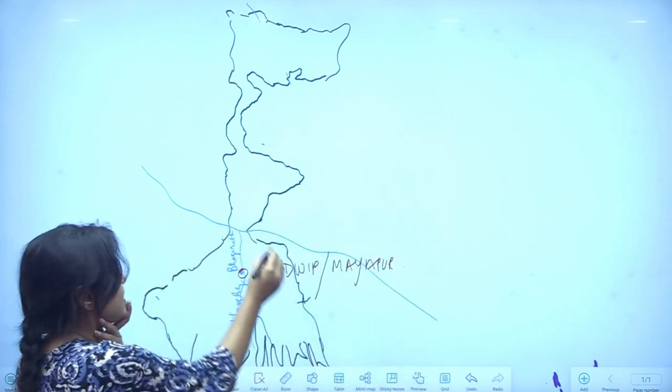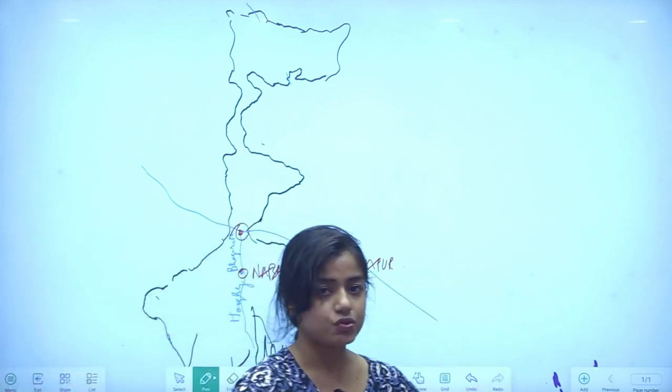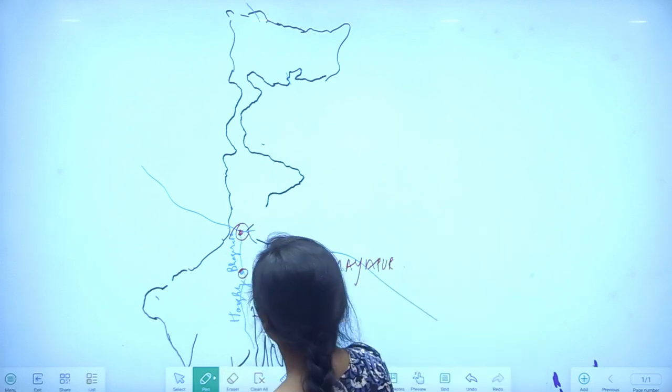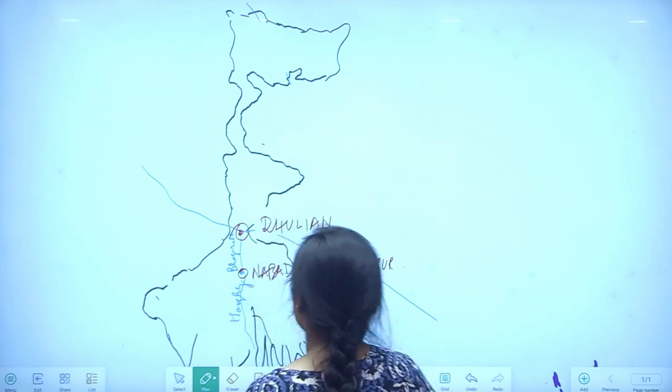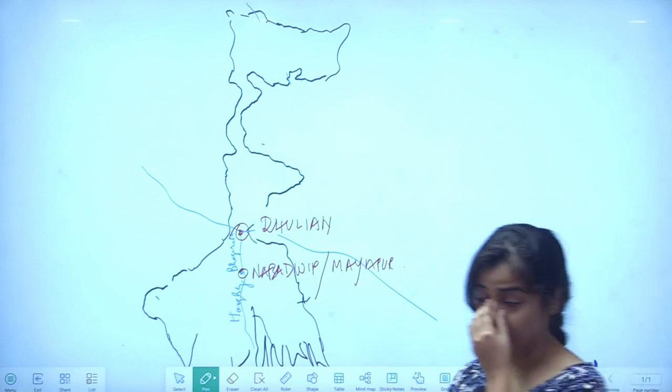And the place from where Ganga has branched off into 2 streams, you need to know that place name as well, which I hope every one of you knows now: the answer is Dhulian.